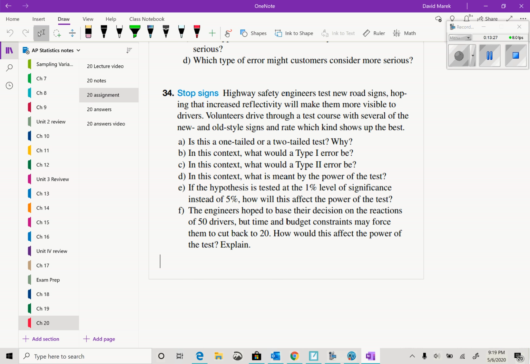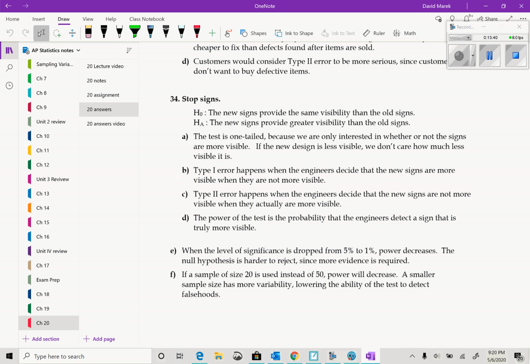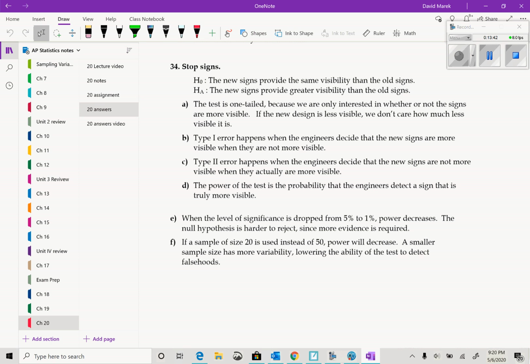There are several things that affect the power of the test. If the hypothesis is tested at a 1% level of significance instead of a 5%, how will this affect the power of the test? Well, in this case, the power decreases. If that level of significance goes down, the power goes down because the null hypothesis then is harder to reject.